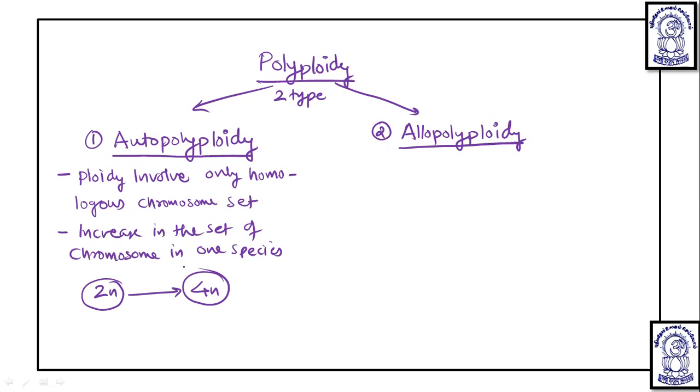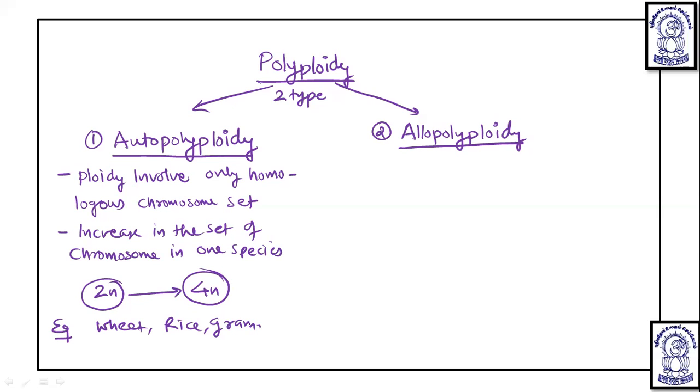Okay. So if we take examples of autopolyploid, the examples are wheat, rice, or gram, we can say. Such type of autopolyploid can be increased.